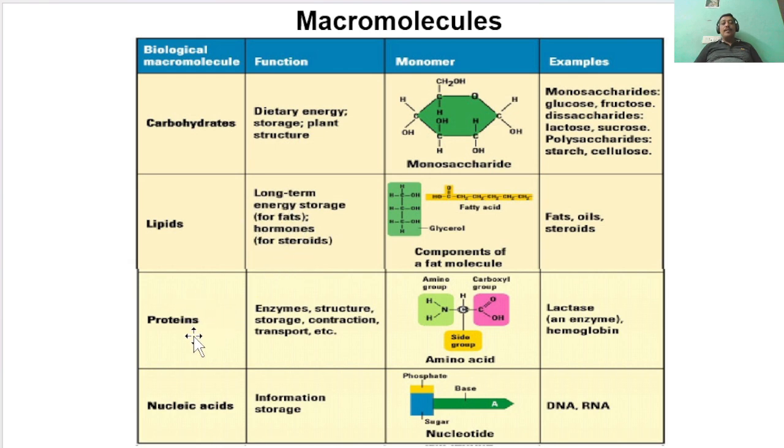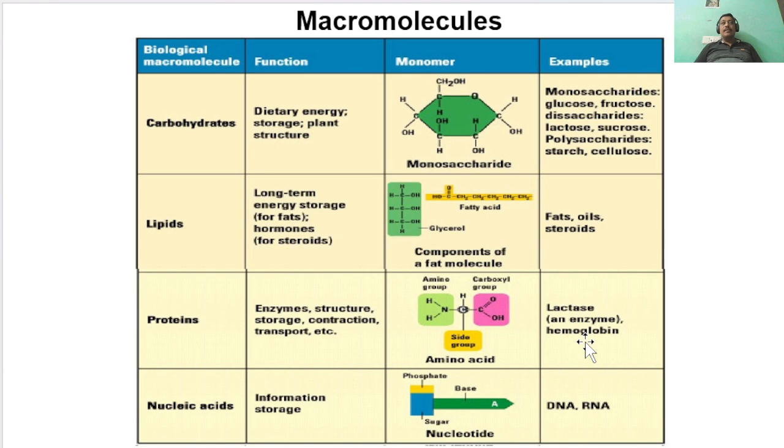And for protein, the simple form is going to be amino acid, and the structure of an amino acid is shown here. With the help of protein, we have a lot of other classifications, which are referred to as enzymes. So lactase is an enzyme which is abundantly used by growing children, especially children within the age of 1, who start to secrete lactase because they are dependent on mother's milk, right?